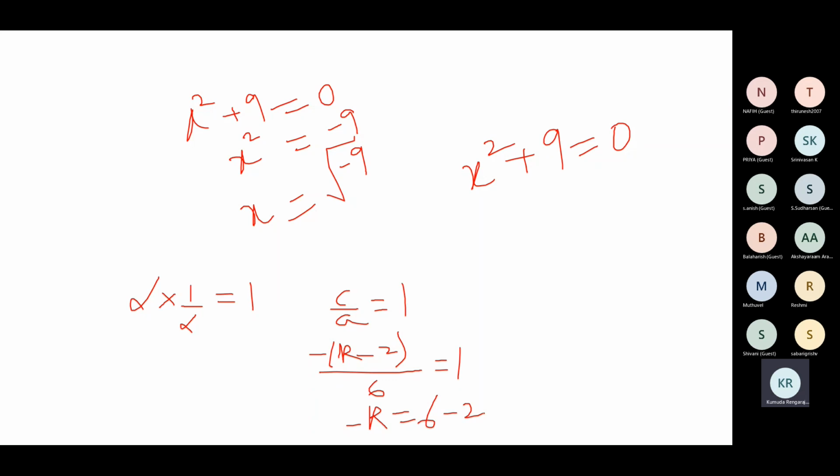So the product of the zeros is 1, which means C by A is 1. So substitute the values of C and A. And on solving, we get k is equal to -4.